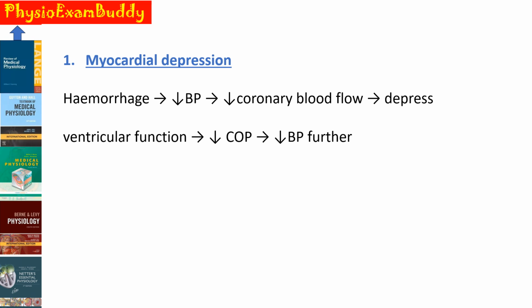One of the features of refractory shock is myocardial depression. The hypotension induced by the hemorrhage reduces the coronary blood flow and therefore depresses the ventricular function. The consequent reduction in the cardiac output leads to a further decline in the arterial blood pressure.